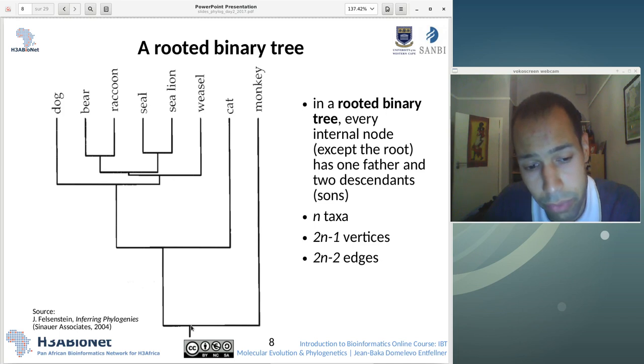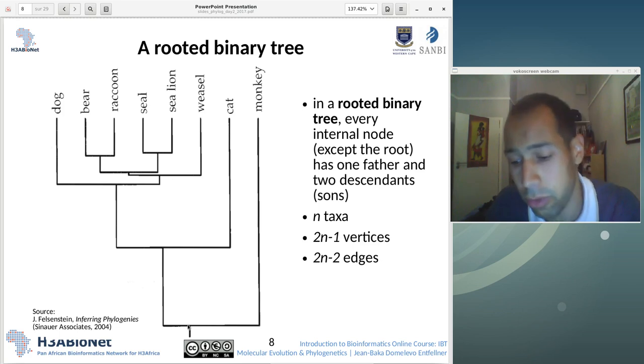Okay, if you remove this root, and if instead of having 2 branches here, 1 and another, you say all this is 1 branch. So you merge 2 branches into 1, and you have removed 1 vertex. So you have removed 1 vertex and 1 edge.